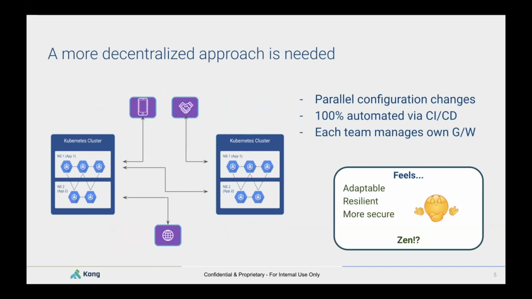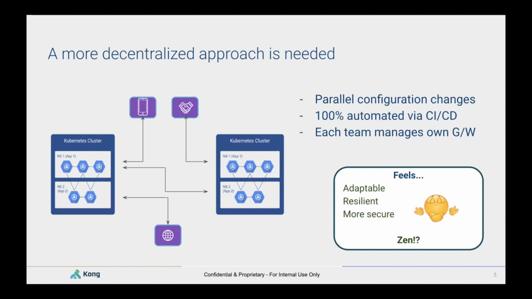So what's the solution? Well, what if there was a world where you could expose your services with appropriate authentication, authorization, rate limiting, and other management concerns in a completely decentralized way, so that each team could make parallel configuration changes through the CI/CD pipelines, each team could manage their own gateway, and yet have the ability to have all of these traffic management capabilities.